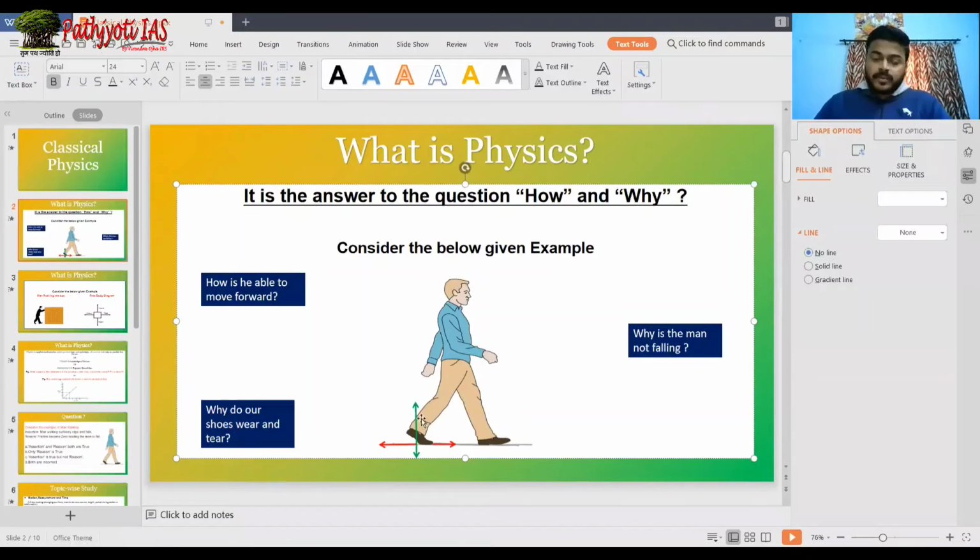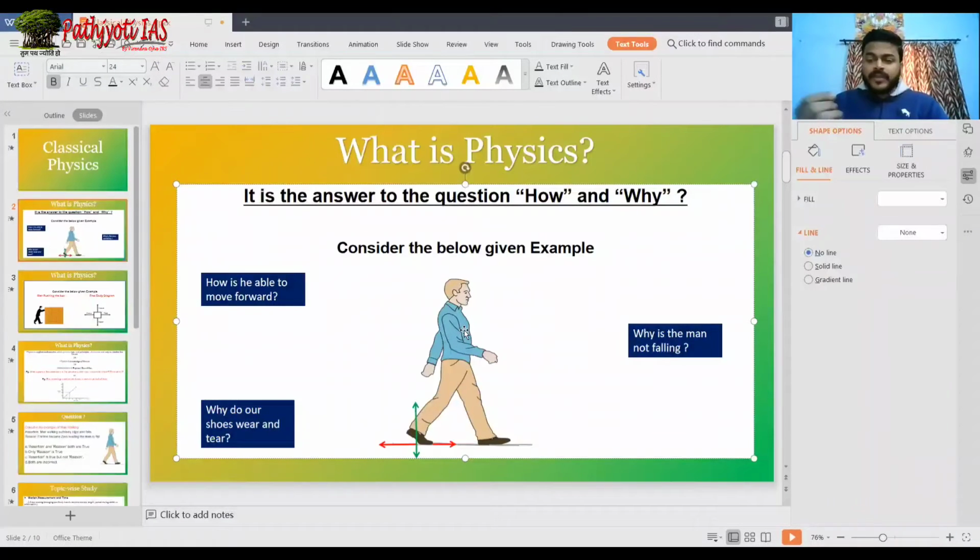So yeah, correct answer, friction. And why do our shoes wear and tear? What is the answer to this question? Due to balancing of action reaction. Okay, that is fine. Good to go with. But the answer to this question, to be very precise, is friction only.